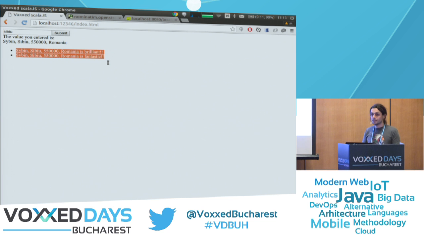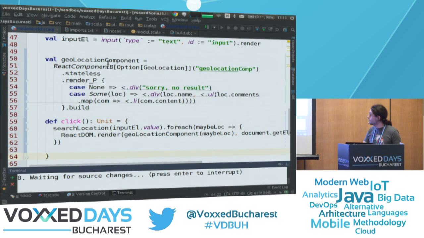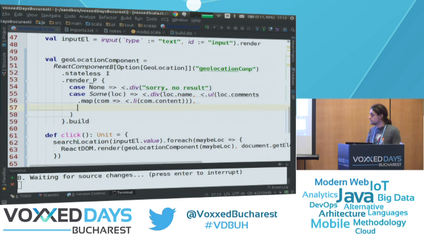So it worked. It's a simple stateless component, but what's nice about the components is that they can be easily composed, kind of like normal Scala objects. Like I've prepared for this demo another small component that's using the OpenLayers library. Do you know it? It's kind of an alternative to Google Maps for displaying maps.